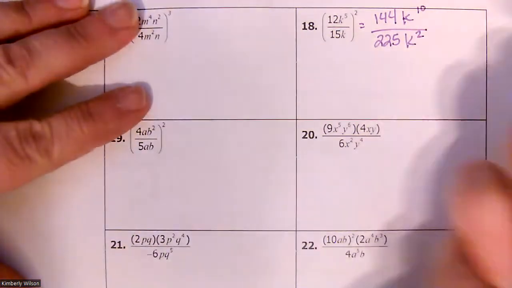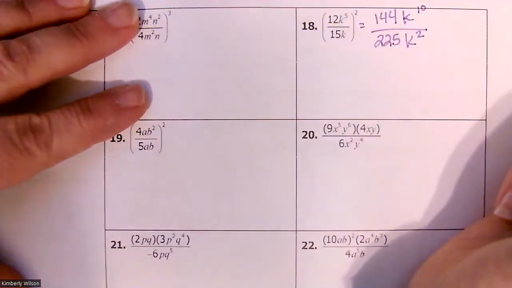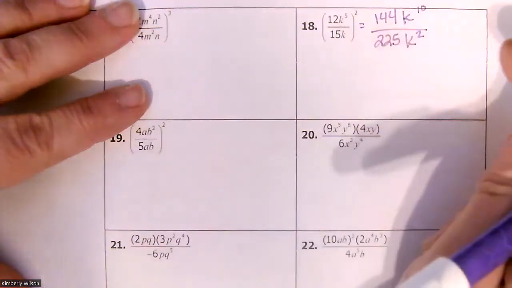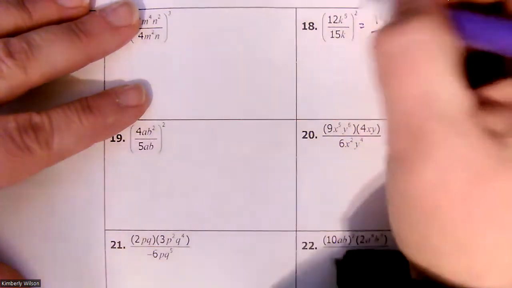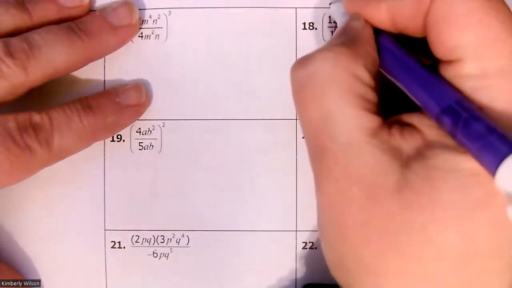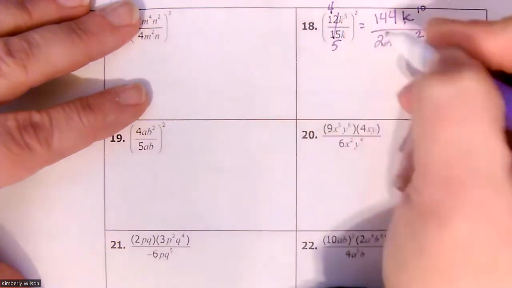Now I do want to try something and see, what if I simplify inside of here first? Do we end up with the same thing? Well, 144 and 225, I can divide both by 3, so this is going to become 4, and this is going to become 5.